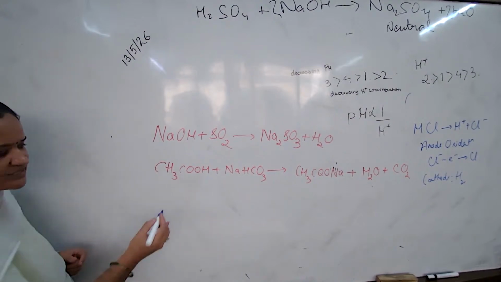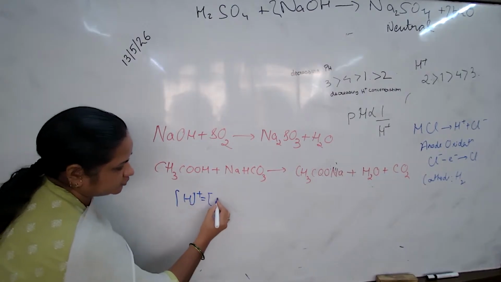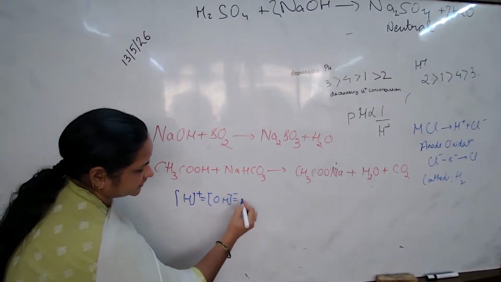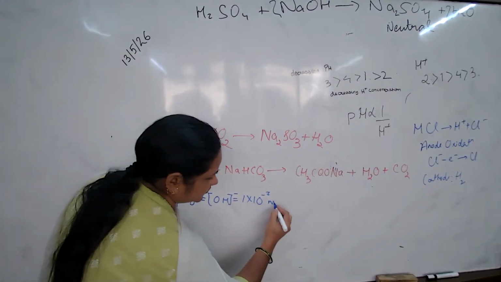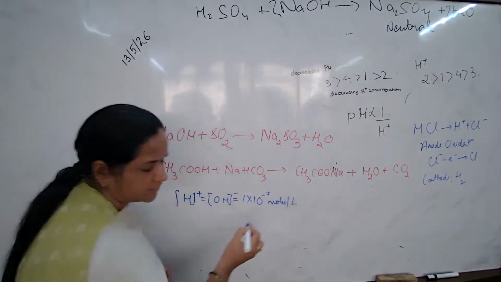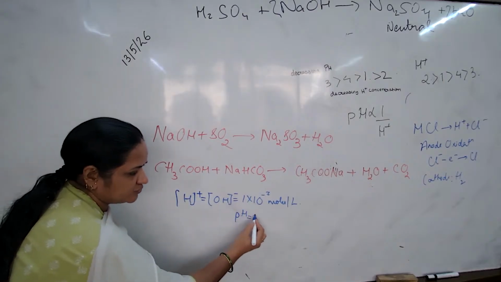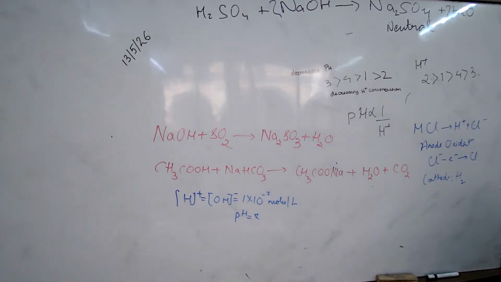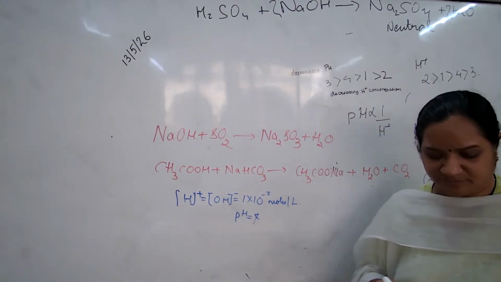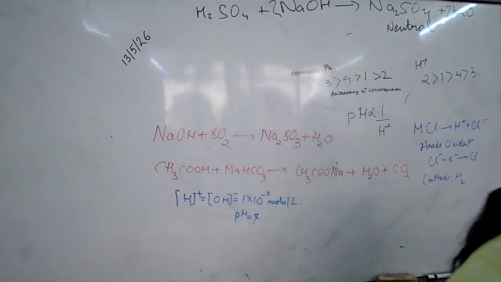So वहाँ पे pH 7 होता है, तो H positive concentration is equal to OH negative concentration, and that is equal to 10 to the power minus 7 moles per liter. ठीक है? जितना H positive है उतना ही OH negative है, that is why it is neutral in nature, and its pH is 7. Syllabus में नहीं है वैसे ही. Concentration is not there in your syllabus.